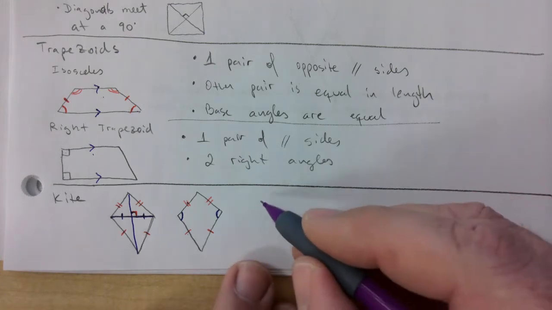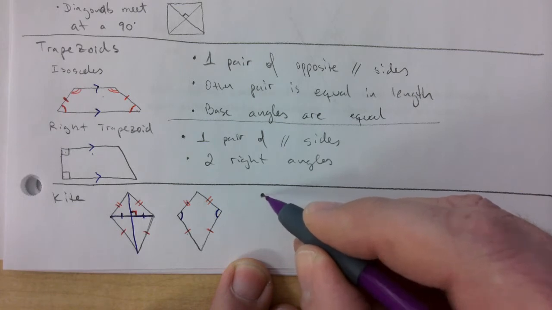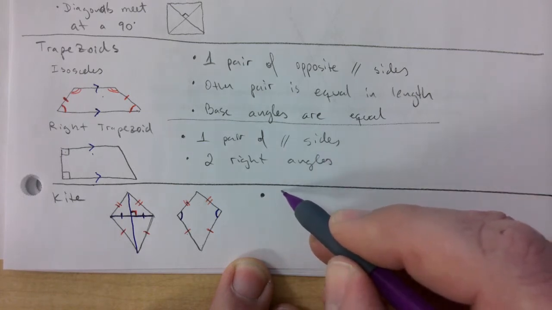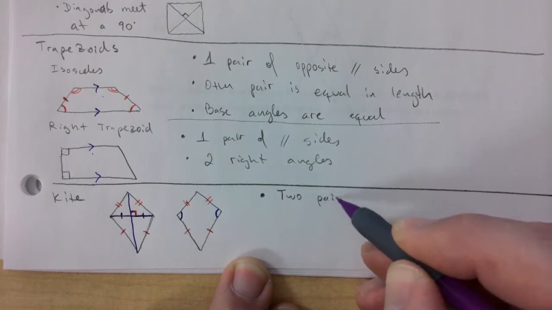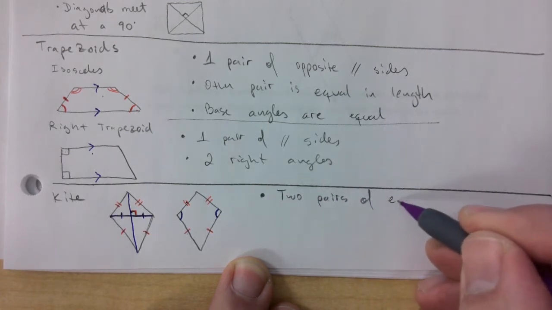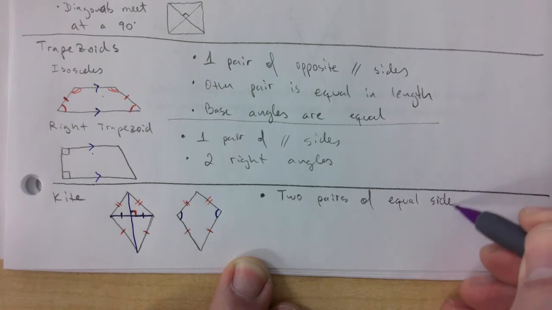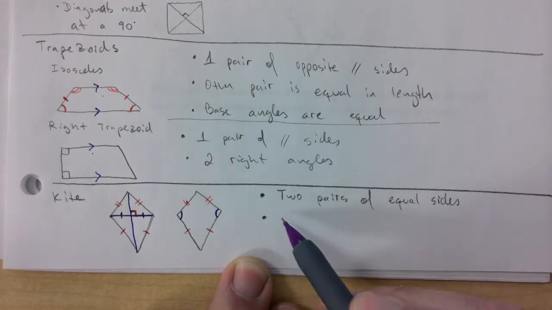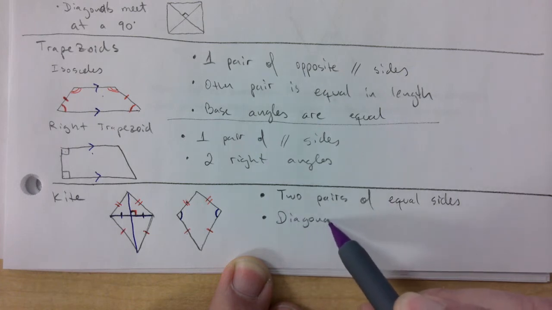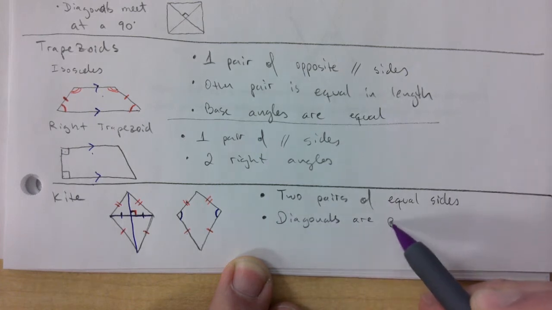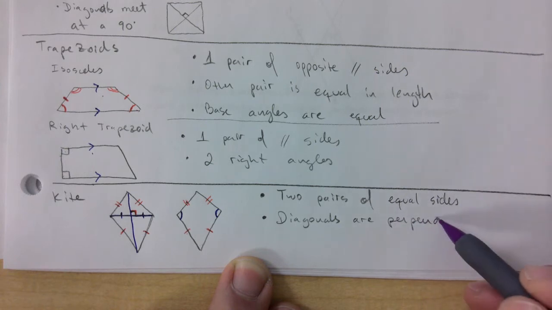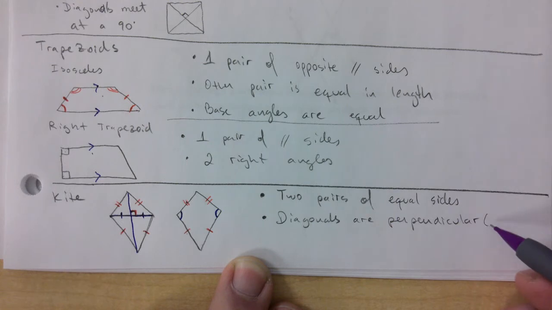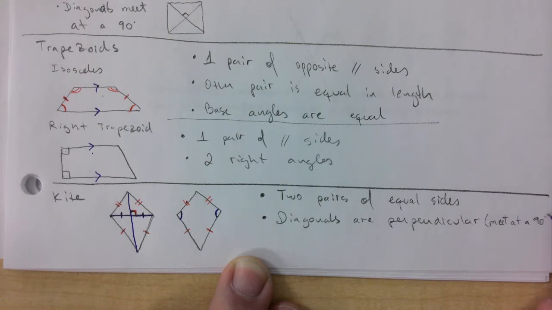Let's put it in writing, because sometimes I'll ask you for it in writing. Two pairs of congruent or equal sides, and you can say that diagonals are perpendicular. I'll put that word down, perpendicular, meet at a 90-degree angle.